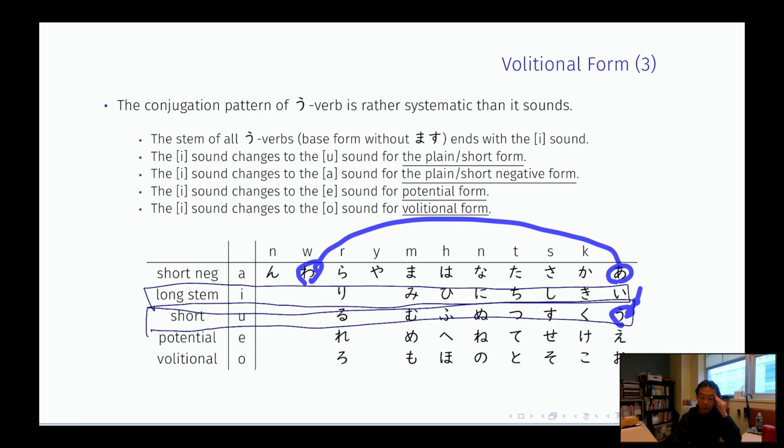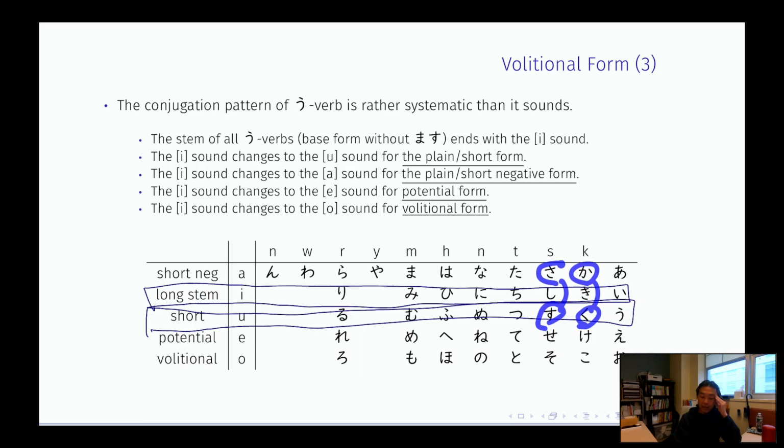So it goes all the way here. 会わない。書く、書かない。話す、話さない。待つ、待たない。死ぬ、死なない。遊ぶ、遊ばない。読む、読まない。帰る、帰らない。Okay. So again, this line is reserved for short negative.